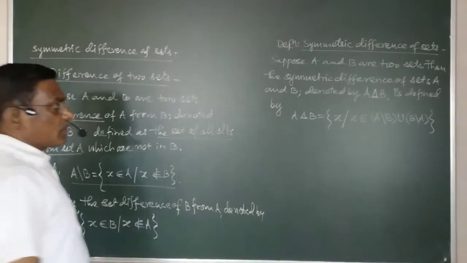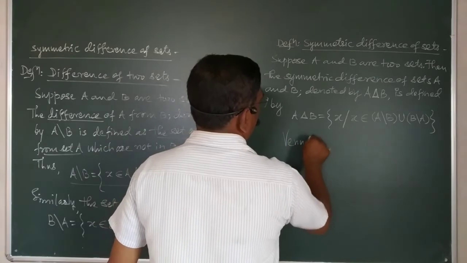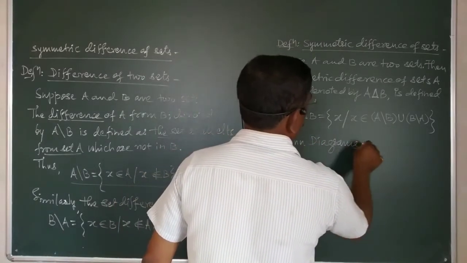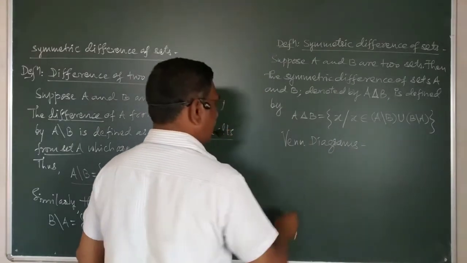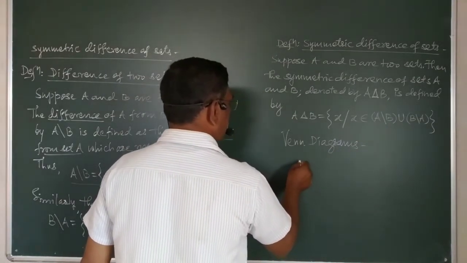Now, if I go for Venn diagrams, then what do we get?